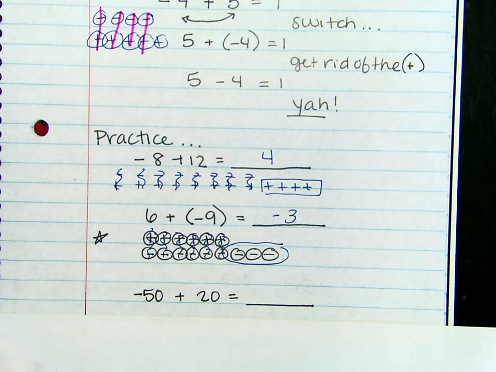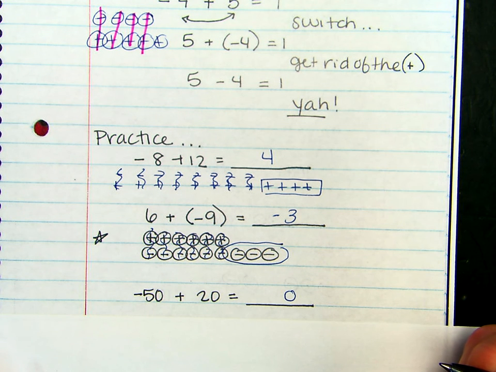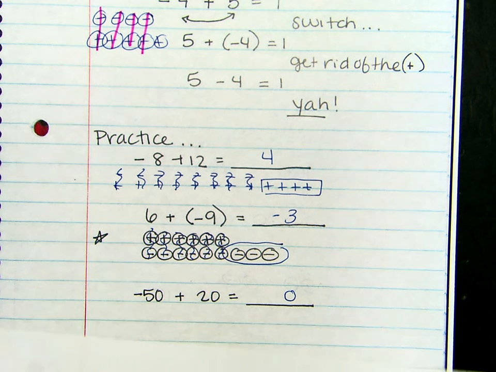Now finally, I've got this big one, -50 plus 20. Now, I don't know about you, but I'm not a big fan of writing out 50 negative signs and 20 positive signs. But what I could do is, because they both end in 0, I know that my answer is going to have a 0 in it. And what I could do is just do 5 negatives and 2 positives.